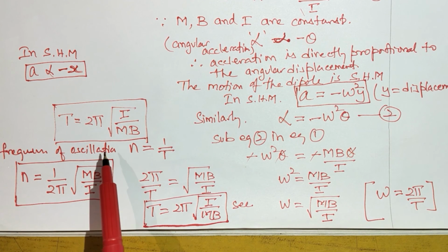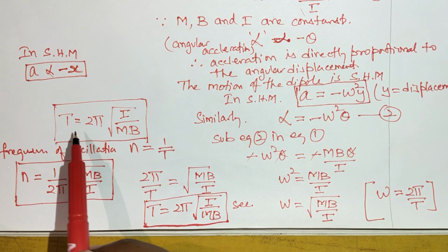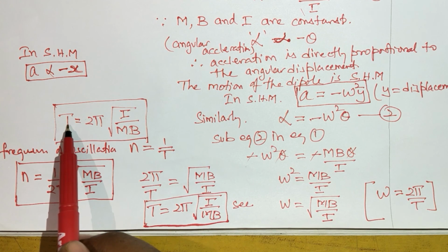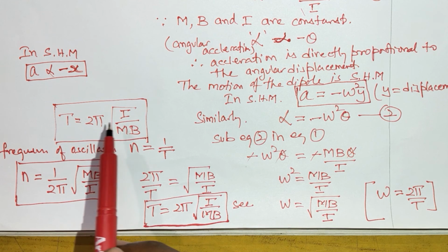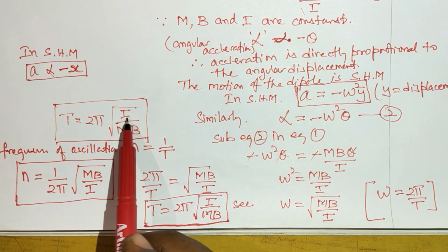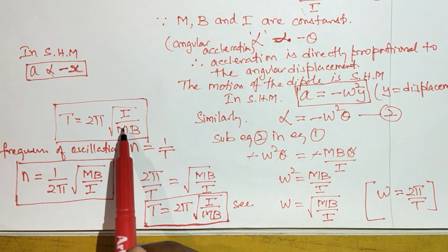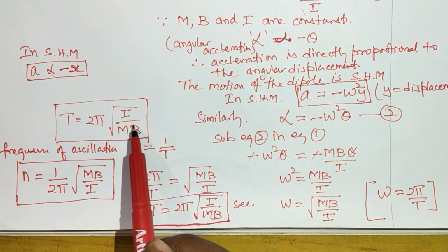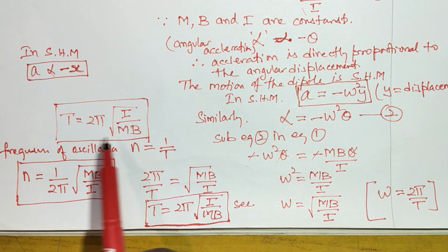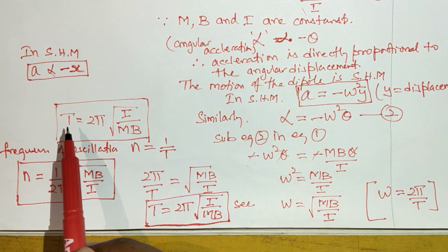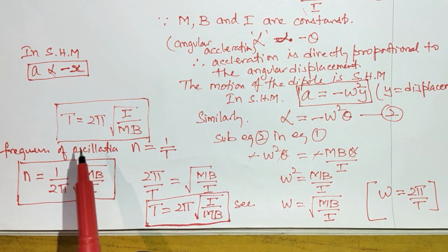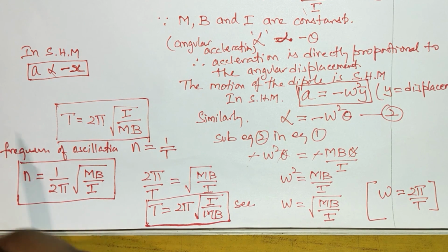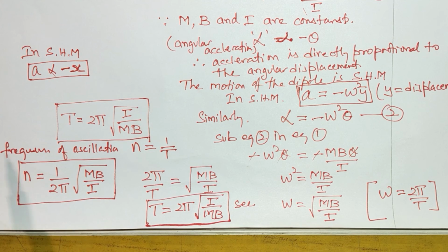From this mathematical expression, we can understand that the time period of oscillation of a magnetic dipole is dependent on the moment of inertia of the magnetic dipole, the magnetic moment of that magnetic dipole, and the field in which it is placed. So, in simple harmonic motion, in the case of a pendulum, we see that the time period is dependent only on the length of the pendulum there.